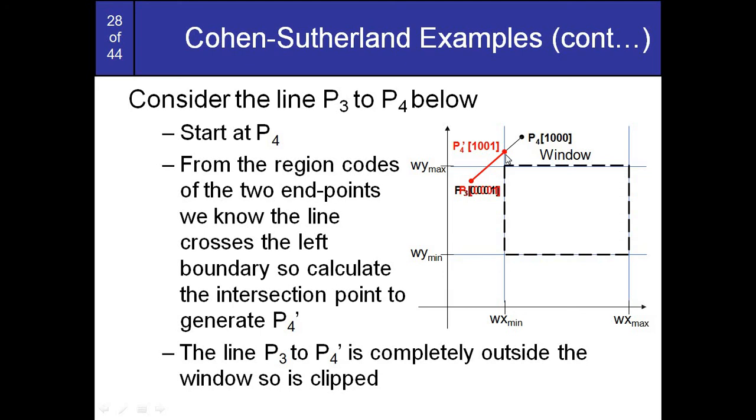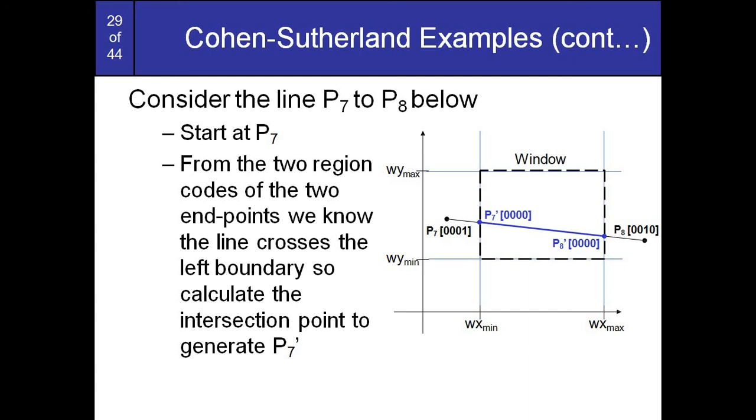And now, from the values of P4 dash and P4, we can come to the conclusion that the line P3 to P4 dash is completely outside the window, so it is clipped.